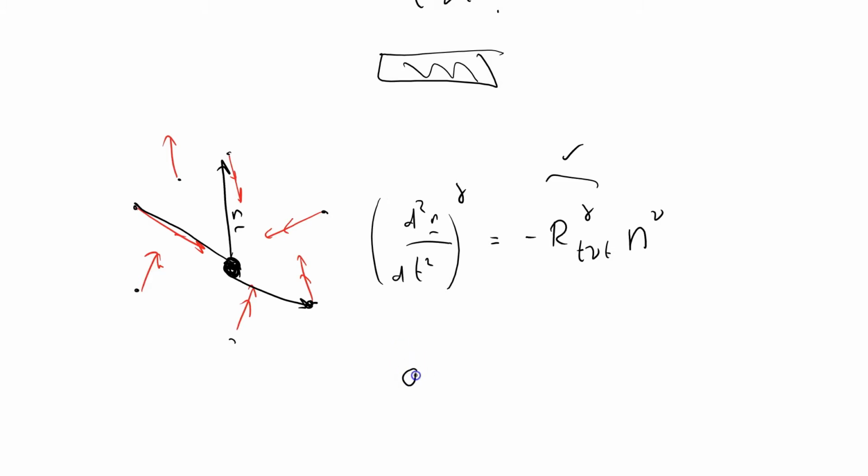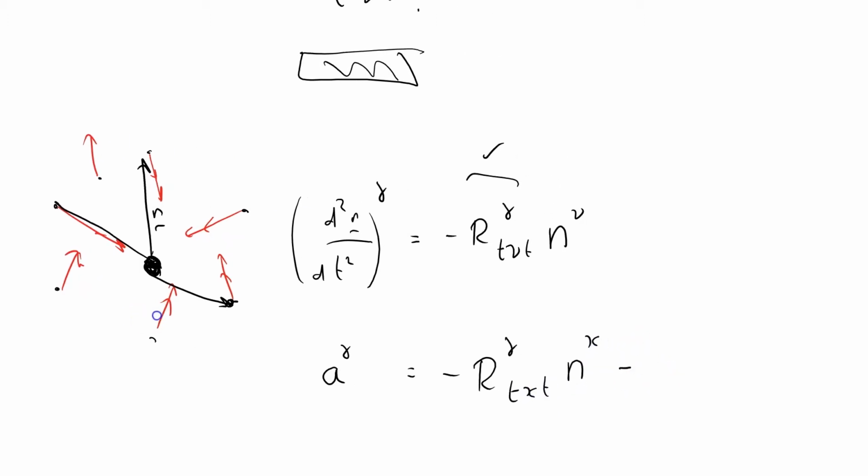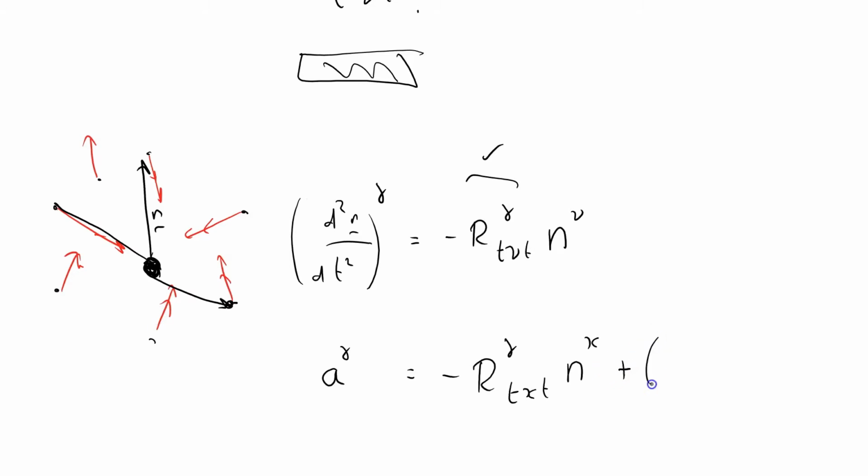I'm going to write a for the acceleration, and bearing in mind that this is the 3 acceleration that I'm interested in now. Component gamma equals minus r gamma t, and then I'm just going to expand it a little bit. I'm going to put x, t, n, x. I guess it's still a minus, isn't it? Or it's plus minus r.